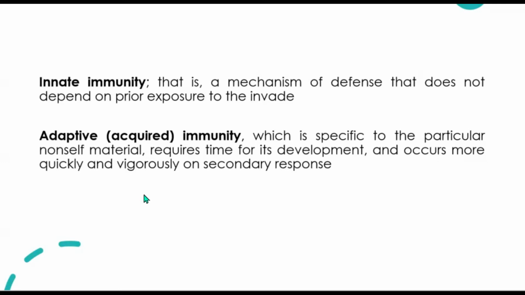So okay, innate immunity. This defense mechanism does not depend on prior exposure to the invader. Unlike adaptive, where we need to have prior experience to have the adaptive immunity.